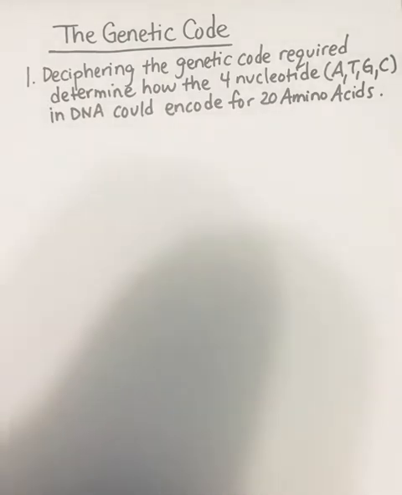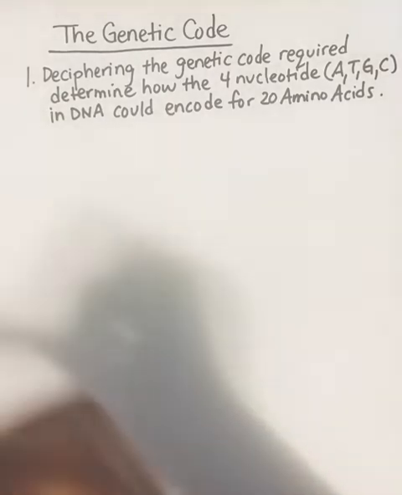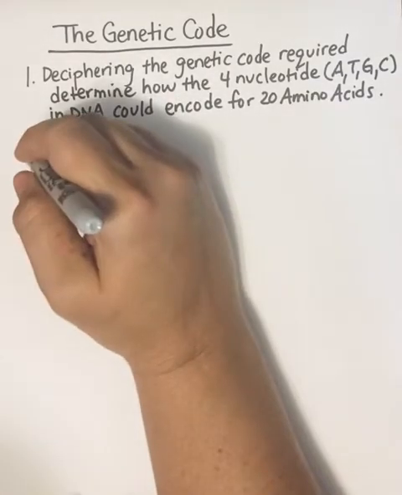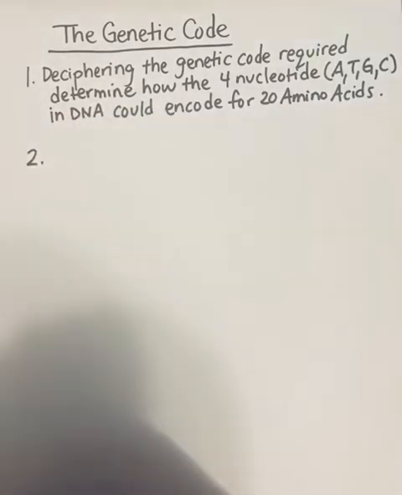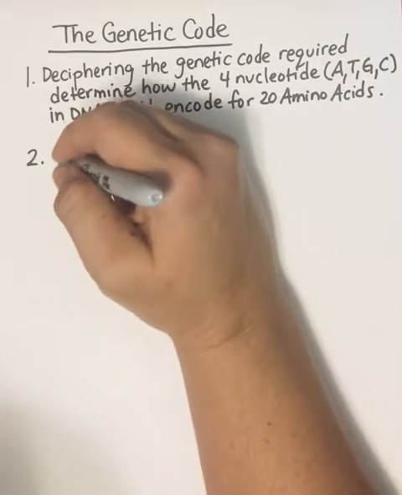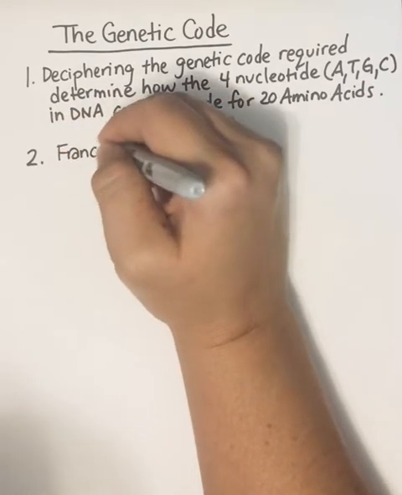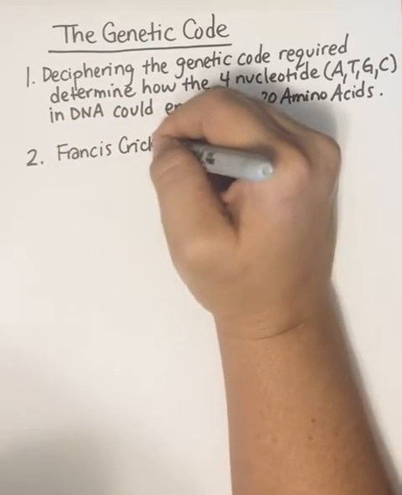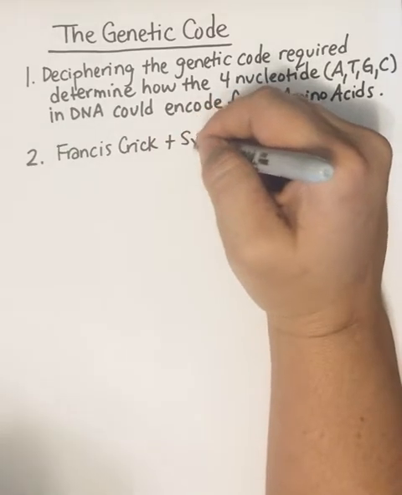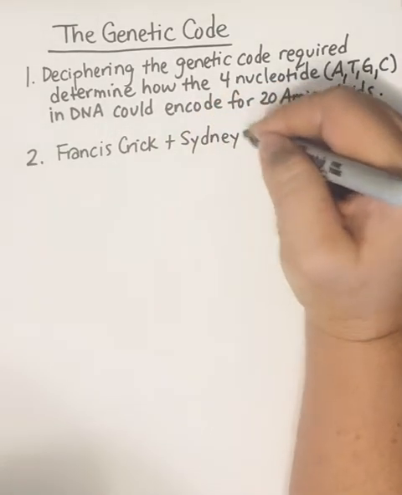So the very first thing is we have 2 scientists. The first 2 scientists to actually start looking at DNA and how it could encode for amino acids was Francis Crick and Sidney Brenner.